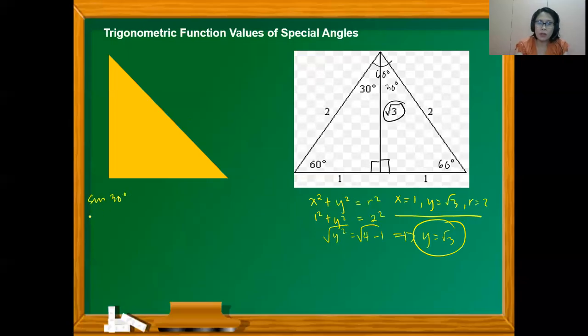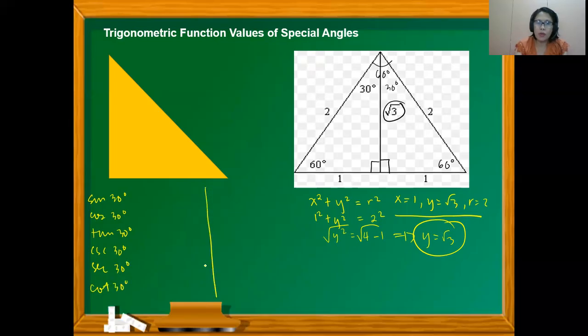We can now calculate sine 30, cosine 30, tangent 30, and the reciprocals: cosecant 30, secant 30, cotangent 30.